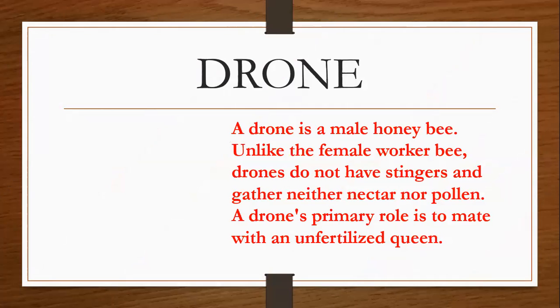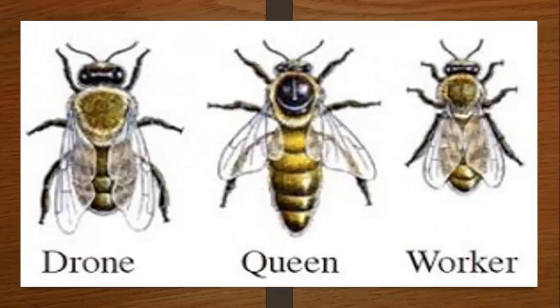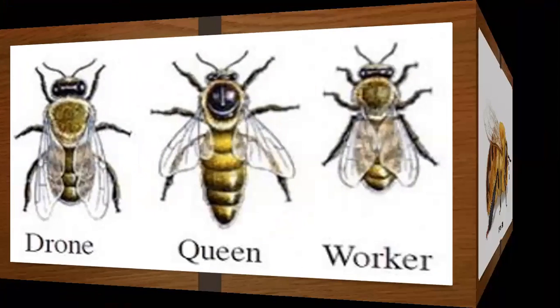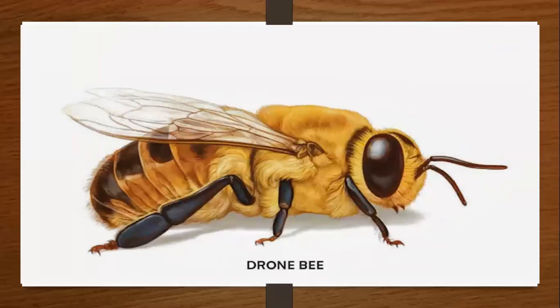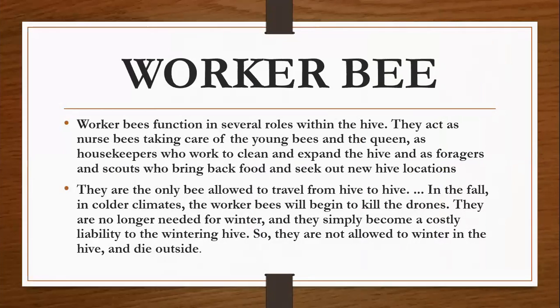Drones cannot gather nectar or pollen, and their only work is to mate with the queen. These are the drone structures again, and that is all about the worker bee.